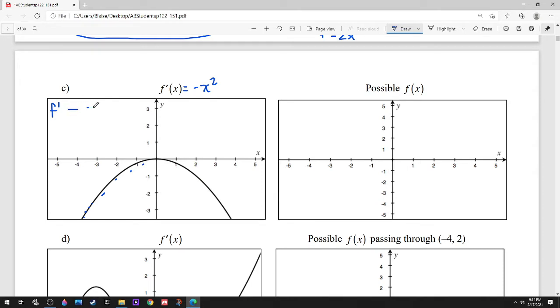So we've got negative f primes until here it's 0. And then we have more negative f primes, right? Because I'm looking at the y value of f prime. So if I go over to my possible f of x, I have a flat point when x is 0.